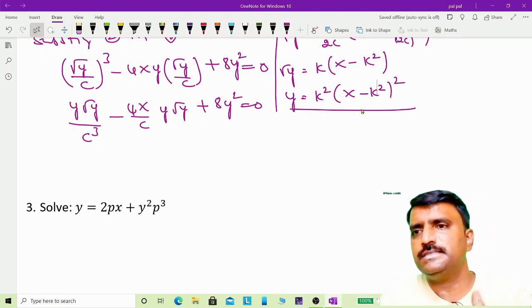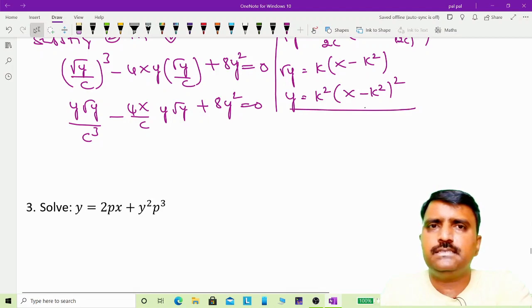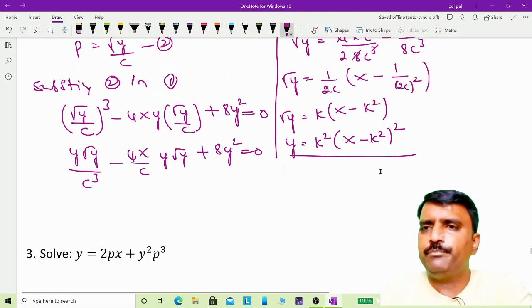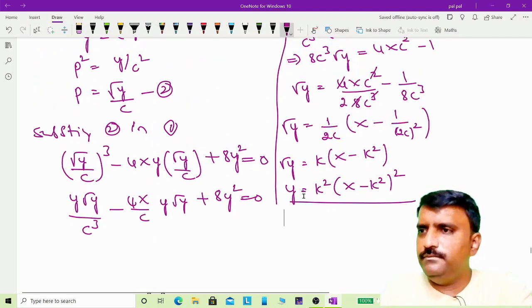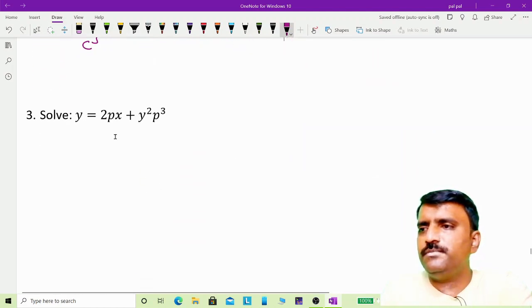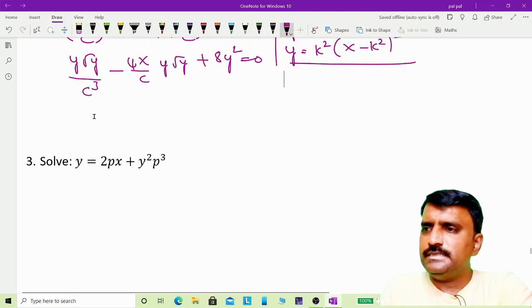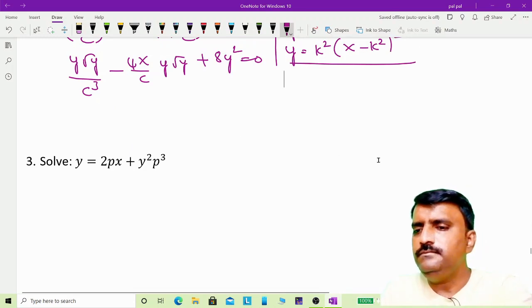When some equations are simplified and written, they look like this. Sometimes we expect this final answer, so at that time it is important. Try to solve this. It is solvable for x. In the next class we will continue the remaining part. Thank you.